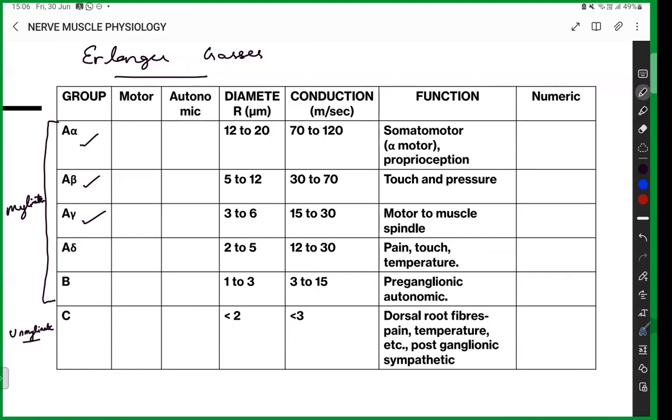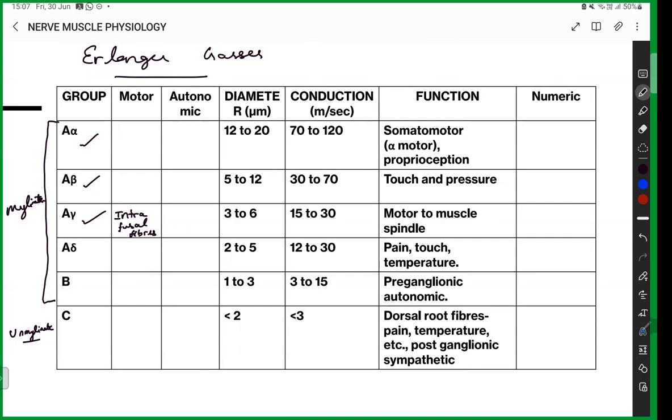In all those conditions, they are going to be inside the fascicle, from your nerve fiber. The ones going inside we call intrafusal fibers. You remember that A gamma is used as intrafusal fibers, going inside your fascicle.